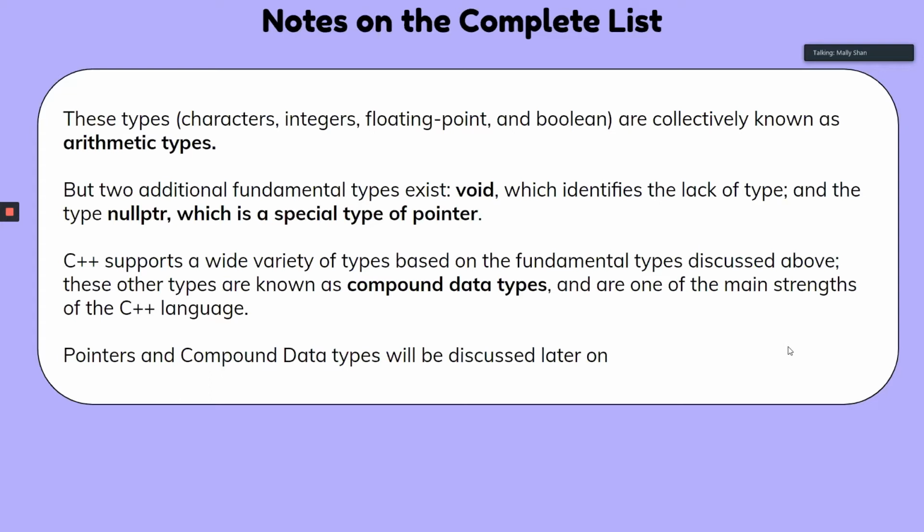The other kind of fundamental data type is nullptr, which just refers to null pointer. And this goes into pointers, which we won't really be talking about this week, and you don't really have to worry about it either. But all we mean when we're talking about the null pointer type is that we're basically, again, pointing to nothing. So you can think of null as nothing and a pointer as you actually pointing to something.